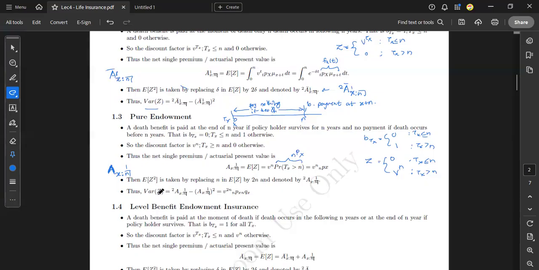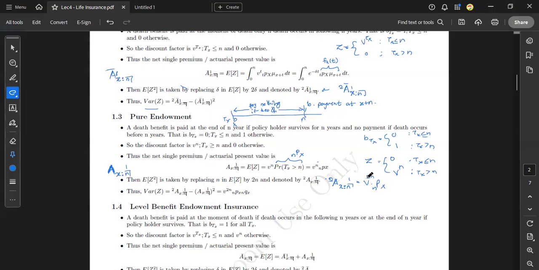And to get the second moment, we have to replace the n in here with 2n. So that means the second moment of the actuarial present value of the pure endowment term is v^2n nPx.